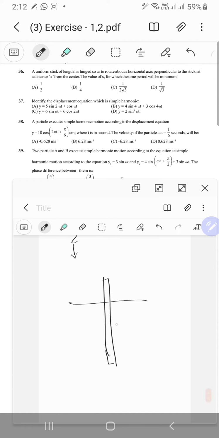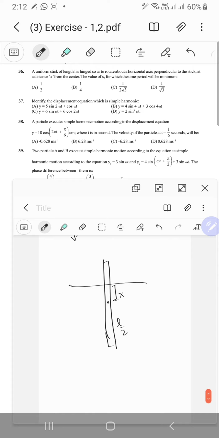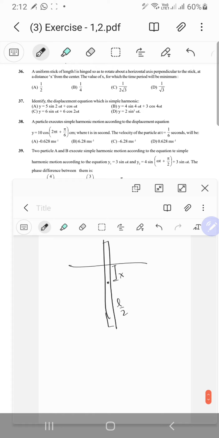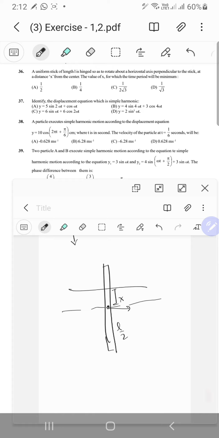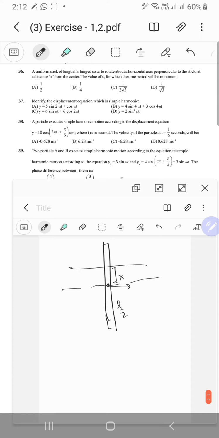So this is distance x, this is L by 2, this is L, x minus L by 2, something like that. The value of x for which the time period will be minimum is, first of all, find the inertia of this thing. So about this axis, the inertia will be ml squared by 12.